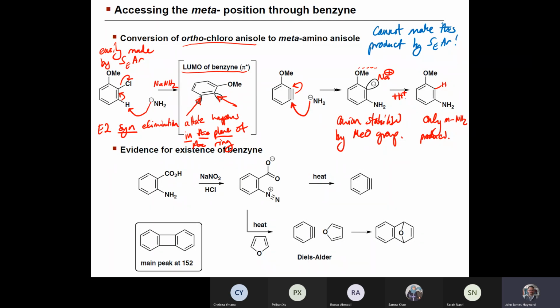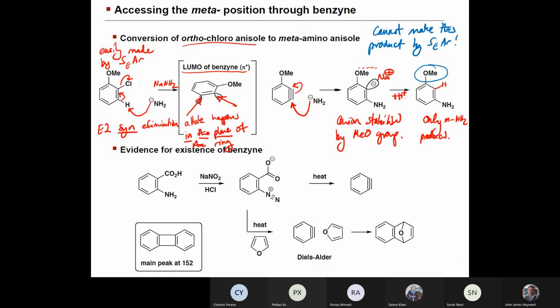Okay? The way that you normally make an aniline on a benzene ring is to make a nitro group and then reduce it down. But the methoxy directs ortho or para. So you could make, using electrophilic aromatic substitution, the ortho aniline or the para aniline, but you could not make the meta. You have to go through a weird strategy like this.